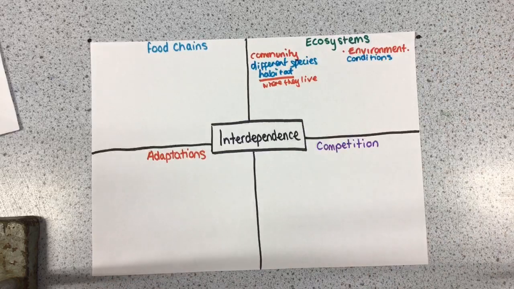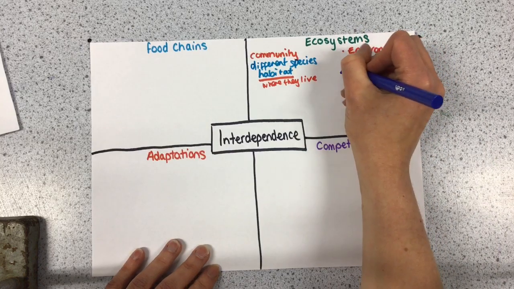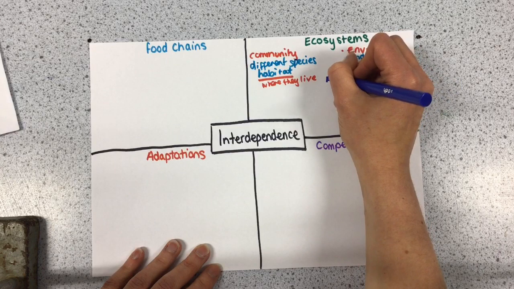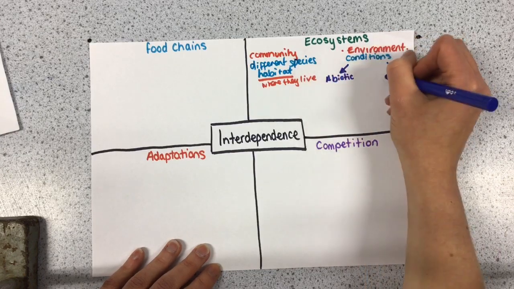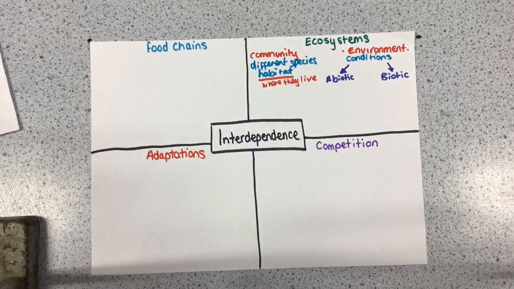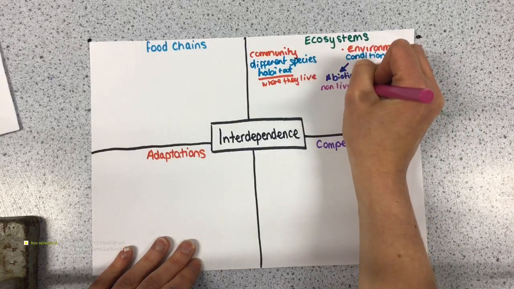So what it's like, the weather, the climate, the levels of pollution, and these can be split into two different categories. So we have abiotic and biotic.